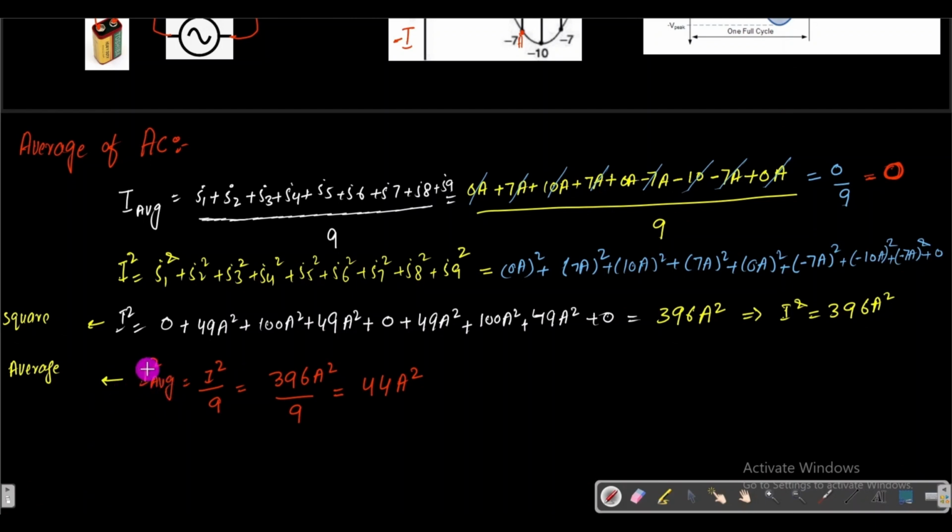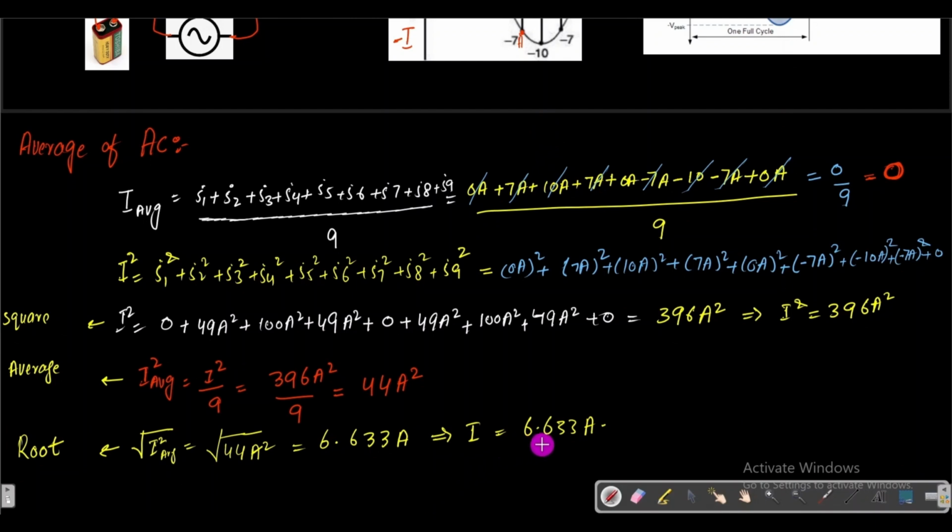Now I'm going to take again the square root in order to avoid this I square. So I take the square root of I square average, which is the square root of 44 ampere square, and we have this value.